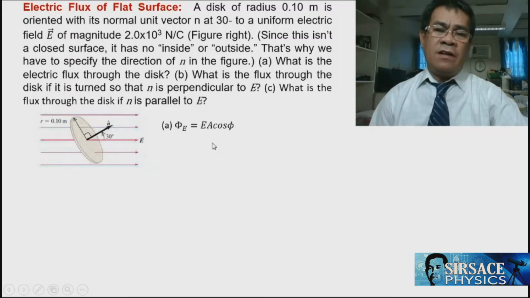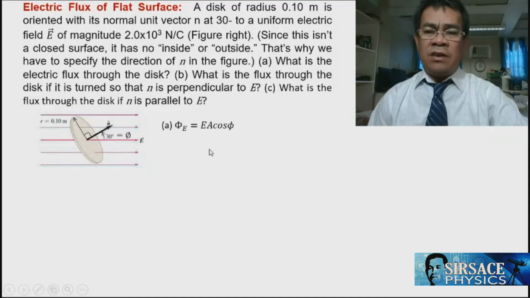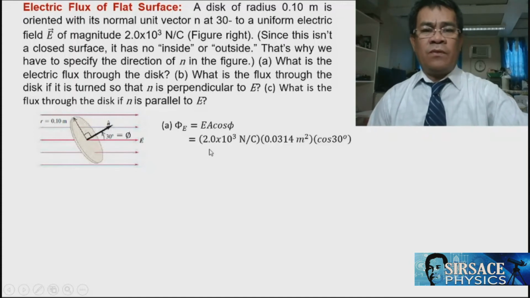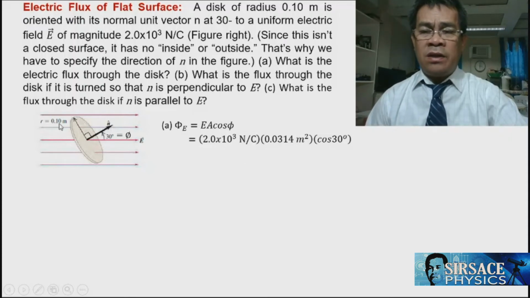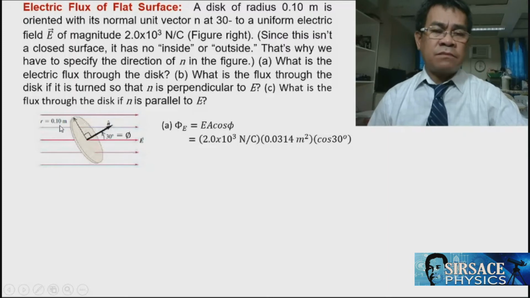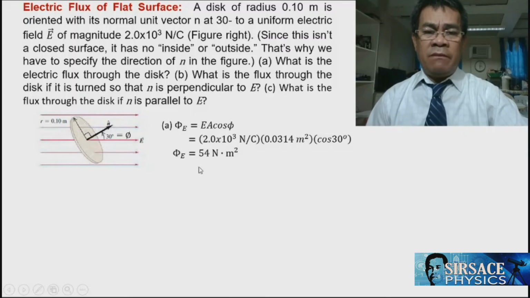Substituting all those values, by the way, the area is 0.0314 after multiplying pi with the square of r. So simplifying further, we have 54 Newton meter square.